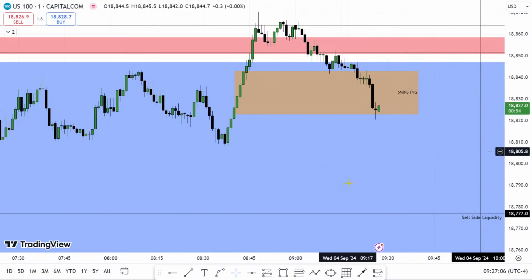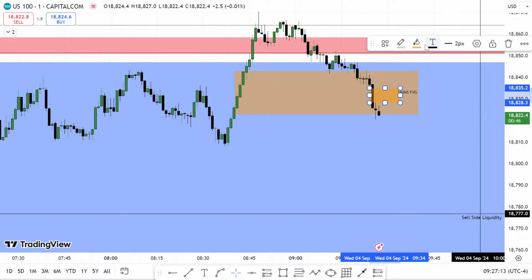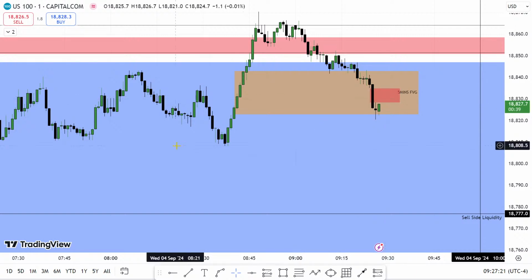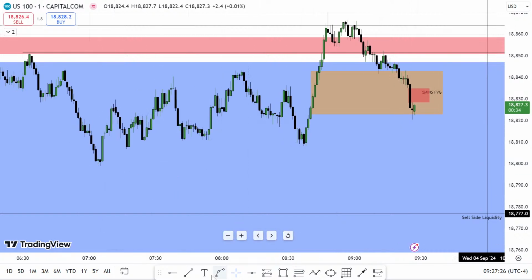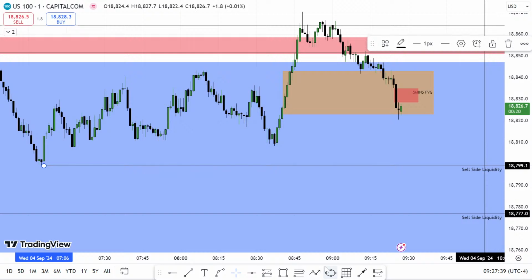So now we have a bearish fair value gap, and I really do not want to see that 5 minute bullish fair value gap hold. Whatever is going to happen, I want to see it trade to this fair value gap and continue to sell side liquidity, firstly the sell side liquidity resting here. This is my drawn liquidity now. It's my obvious target. That's what I want to see.